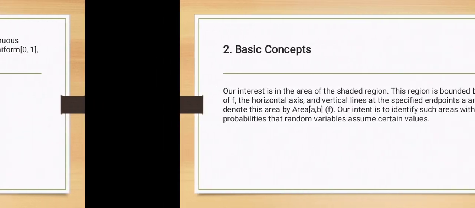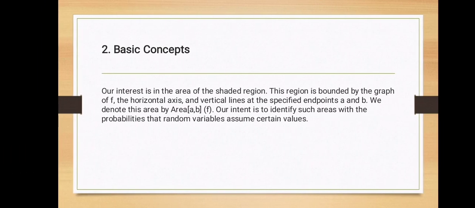And the second is basic concepts. Consider the graph of a function f: R → R as depicted in figure 4.3. Our interest is in the area of the shaded region.